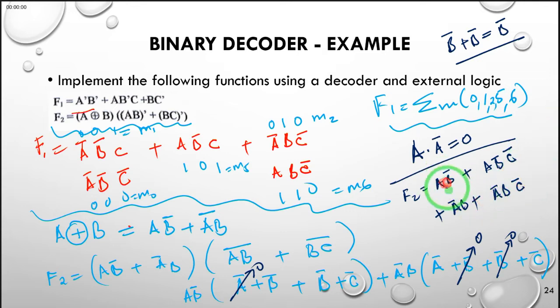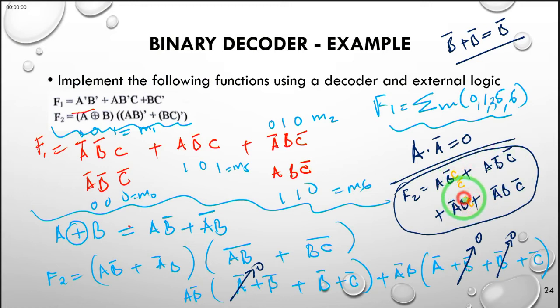So we can again get these terms to give us the minterms of F2, and we can simply see that if we add a C here, it may be C and C bar.